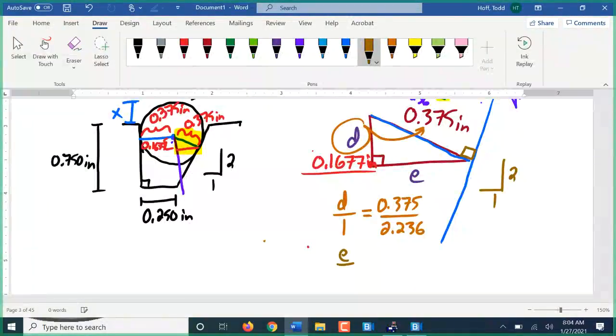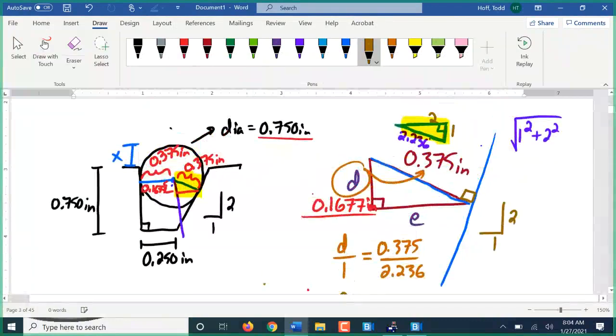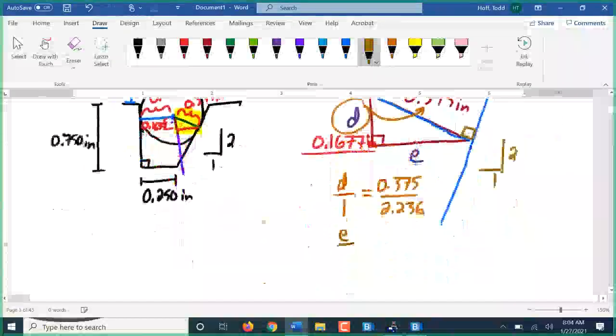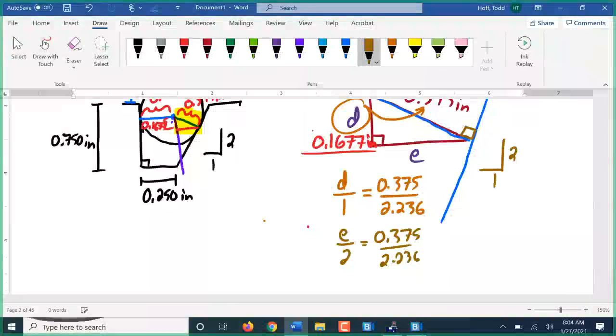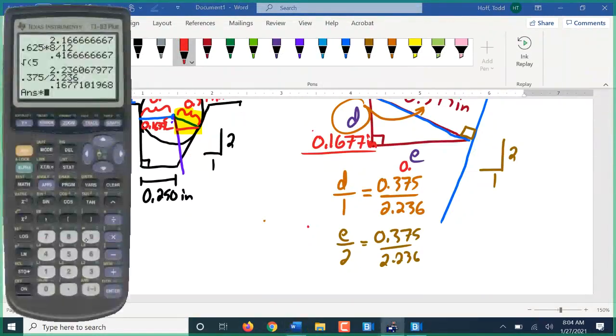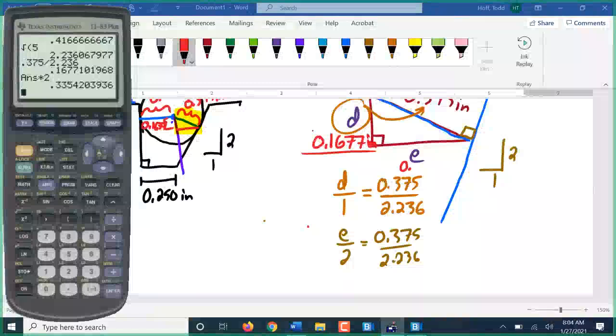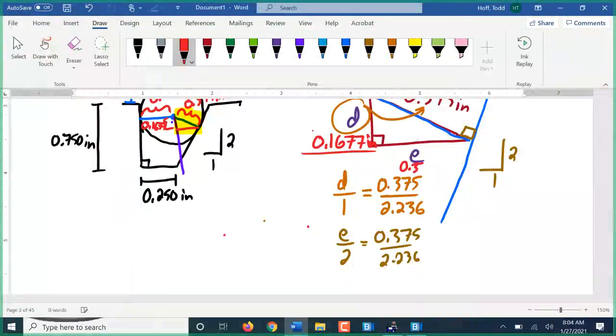E compares to what side of the aspect ratio? 2. And of course, the 0.375 still compares to the 2.236. Cross multiply and divide there, we get that E is 0.3354. Right?